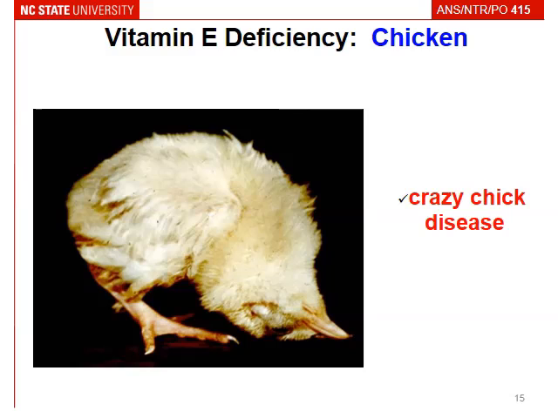So here's a picture of a chick that has crazy chick disease. Basically it's having a hard time keeping its head up and with balance, so it looks like it has its head turned around. So this is what encephalomalacia looks like in chicks.